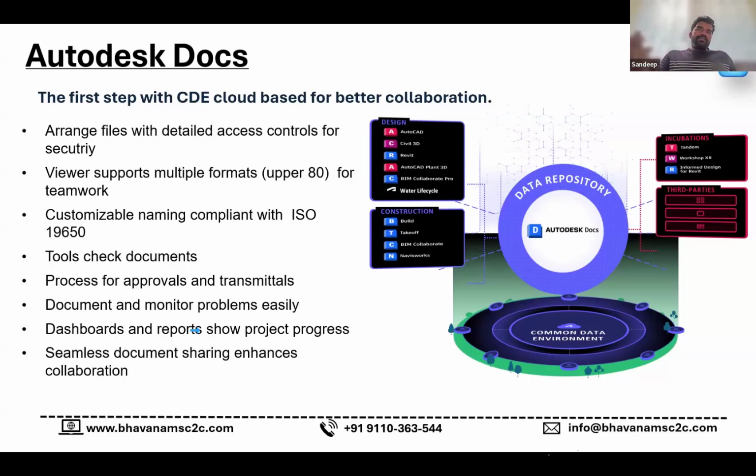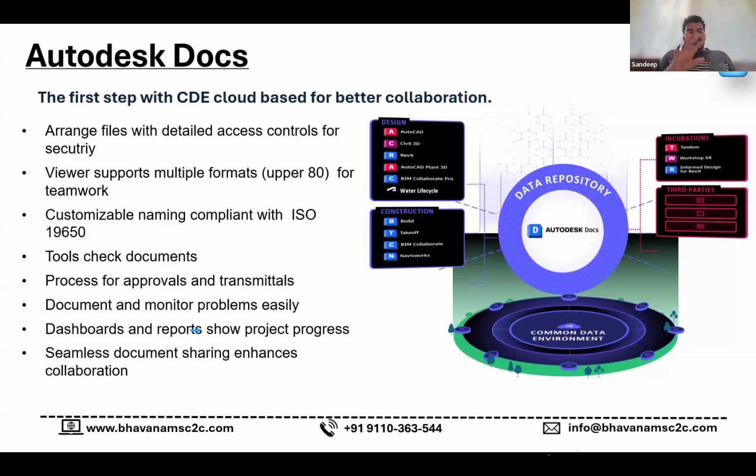Let's say you might be facing an issue on the site where the head office team is having one type of documents for the design or construction part, and the people working on the site have different documents. You might have this miscommunication happening, right?